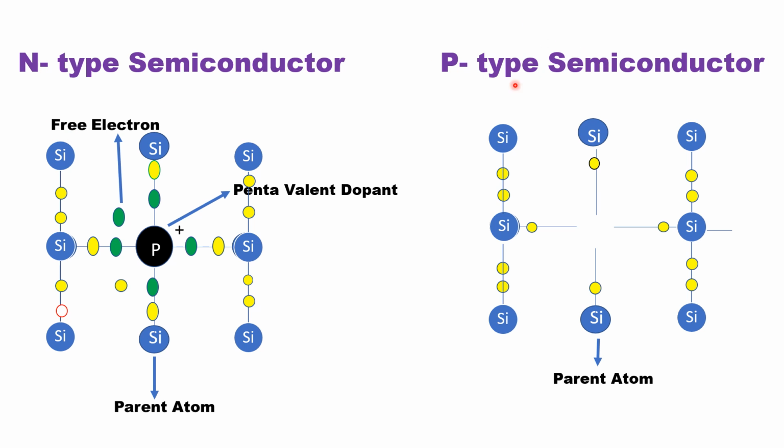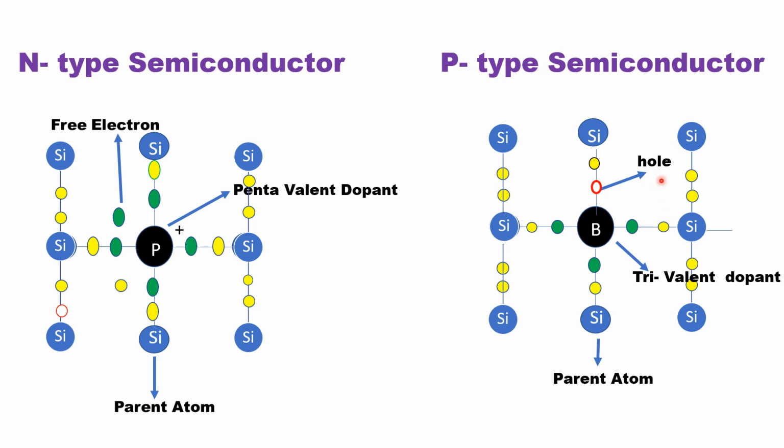On the other hand, P-type semiconductor is produced by adding trivalent impurities such as boron, aluminium, gallium, etc. to a pure semiconductor. The 3 valence electrons of this impurity atom form covalent bonds with 3 neighboring silicon atoms. But one neighboring silicon atom is left incomplete due to deficiency of one electron.